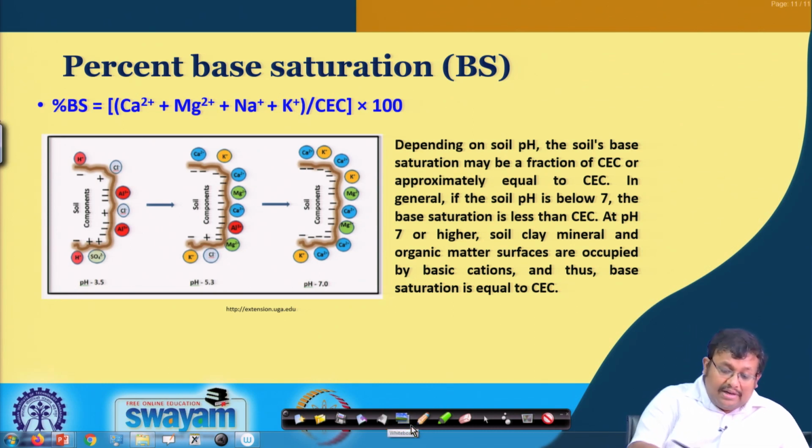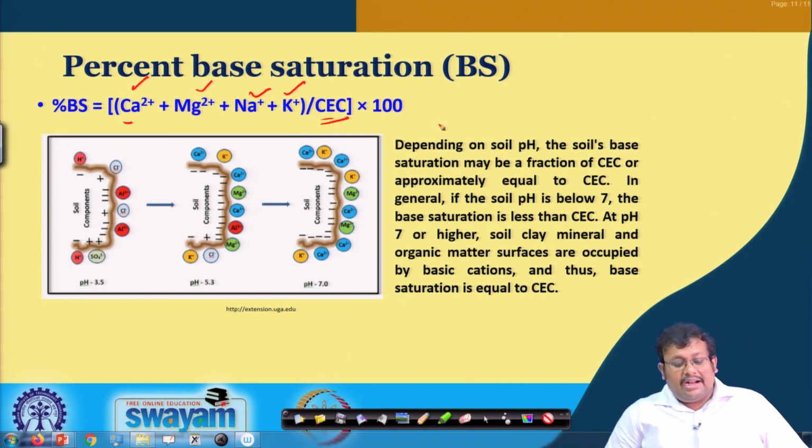So, the formula of percent base saturation is basically that you sum up the concentrations of calcium, magnesium, sodium and potassium, and then divide by the CEC, the total cation exchange capacity, multiplied by 100.